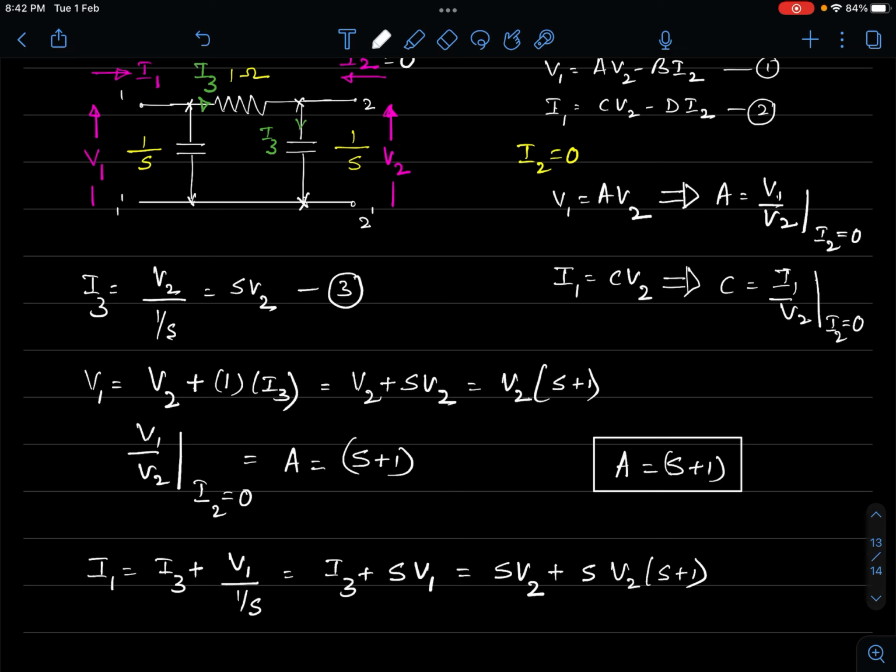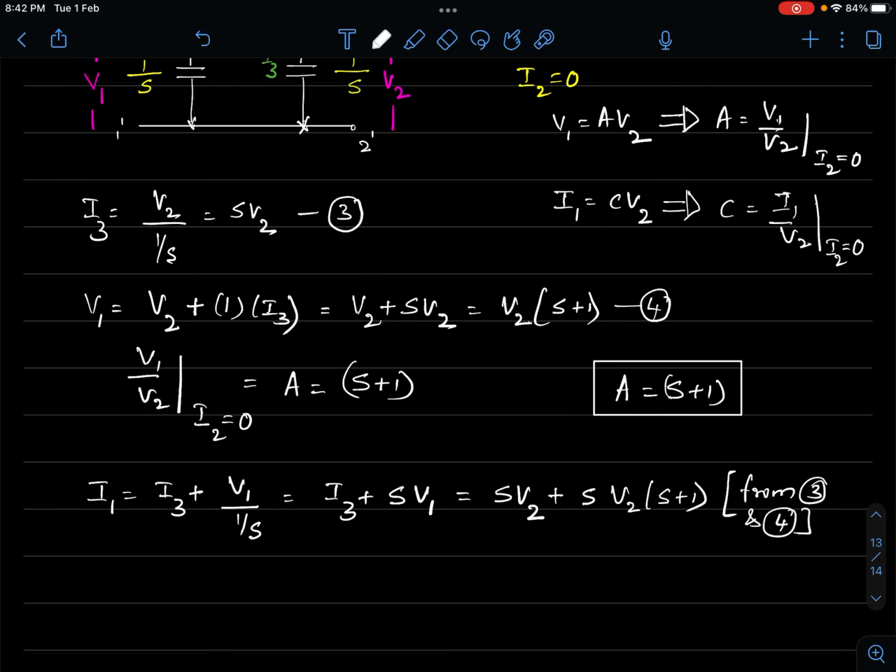There's no ambiguity. You can go back to this equation, V1 equal to V2 times S plus 1. So you can even name this equation 4. So this is obtained from 3 and 4. Okay, we're able to get this result.